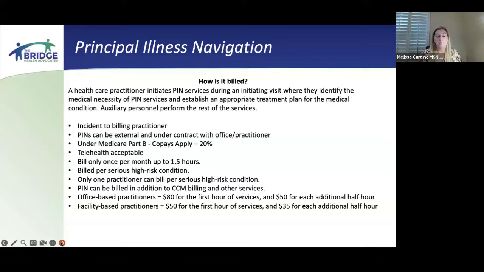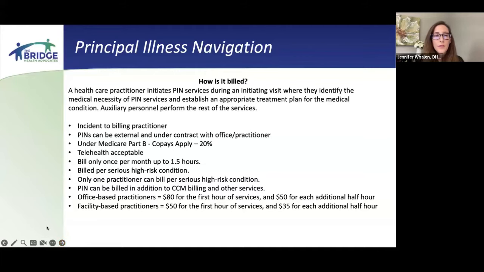So when we're looking at this, we need to look at it from the provider standpoint. What does it mean for the providers that we're working with as independent advocates? Along with that, how do we differentiate what we're doing compared to what these PIN services offer?